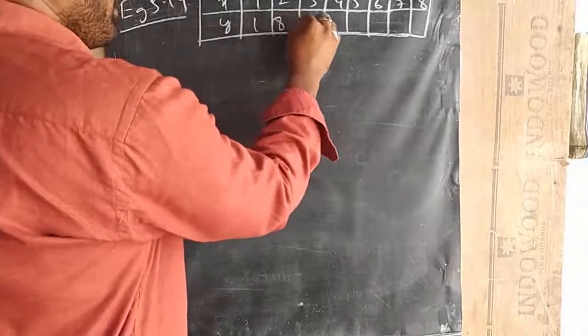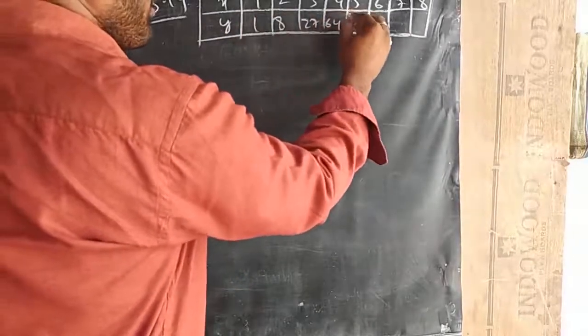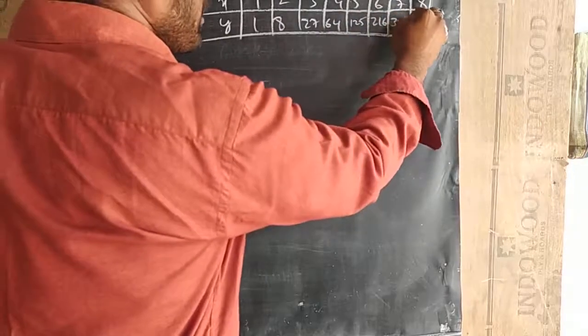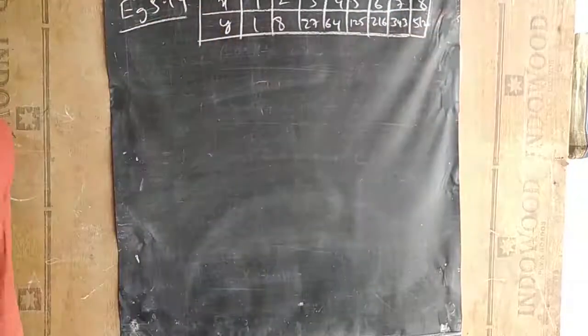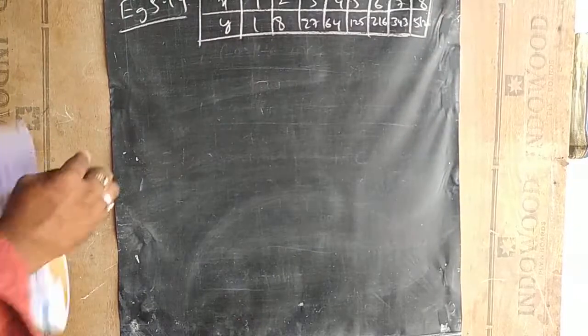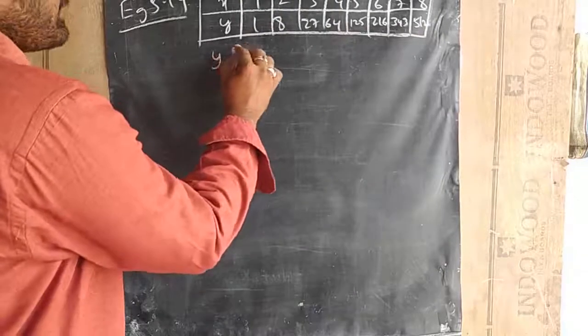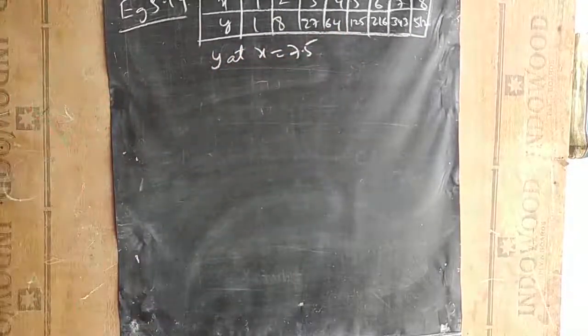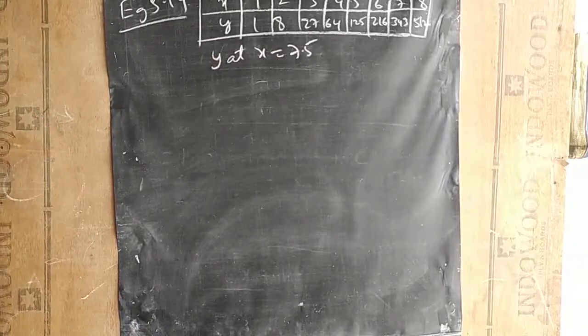So 1, 8, 27, 64, 5 cube 125, 216, 343, 8 cube is 512. So he's asking the y value at x is equals to 7.5.